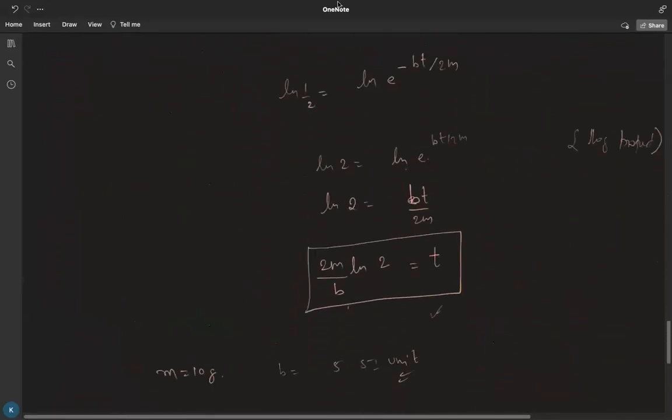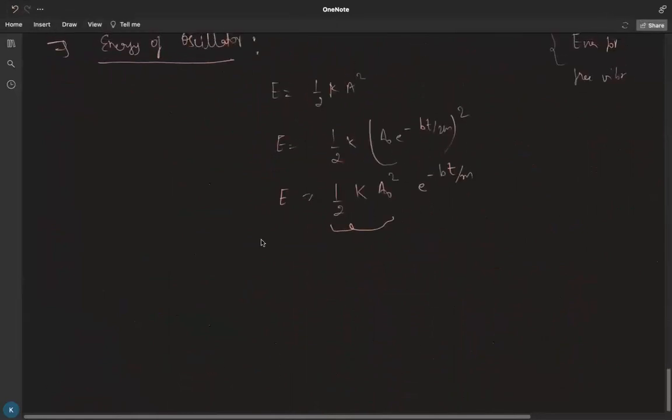So we get another relation here: E is equal to E naught e to the power minus bt by m. That means our energy is also an exponential decay.